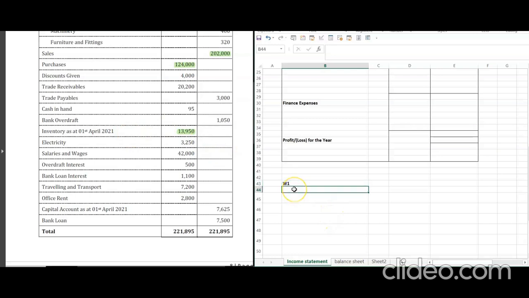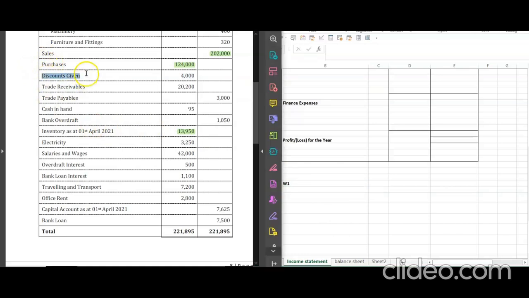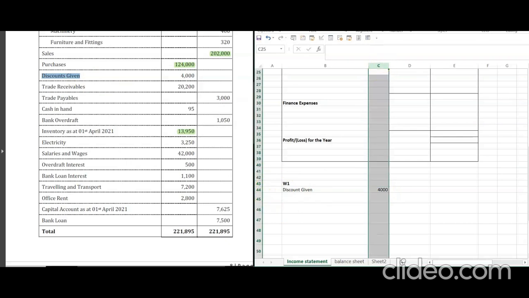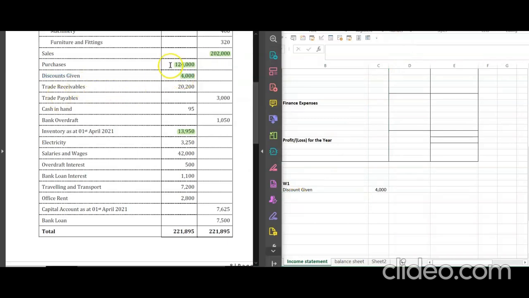So in working one, you can put the discount given. Discount given. How much is it? 4,000. Right, 4,000. And that is finished.